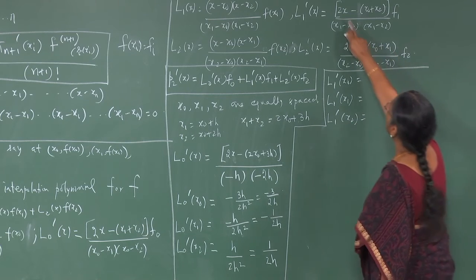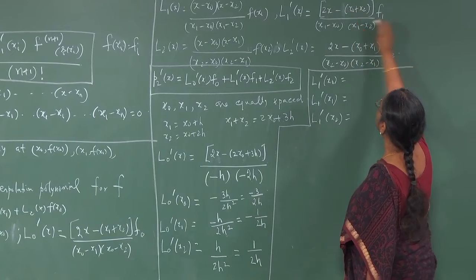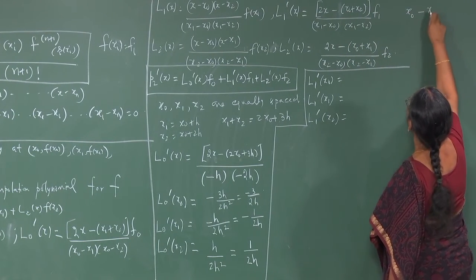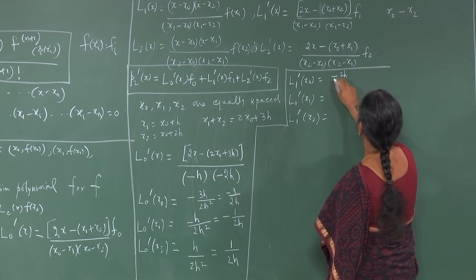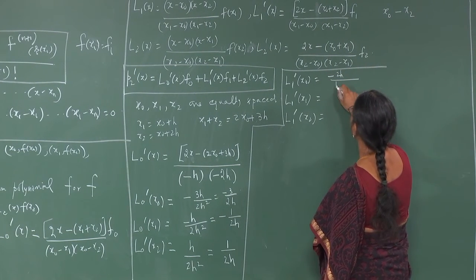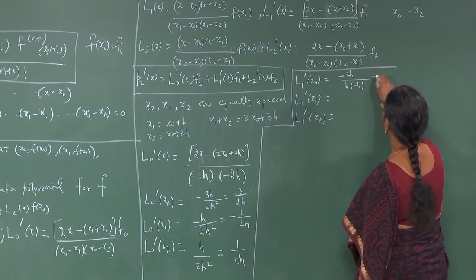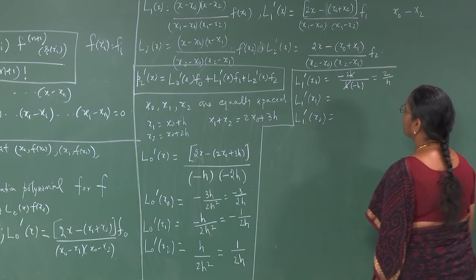L1 dashed at x0 will be 2x0 minus x0, then minus x2. So, it is minus 2h divided by (x1 minus x0) into (x1 minus x2). So, that will give you 2 divided by h.